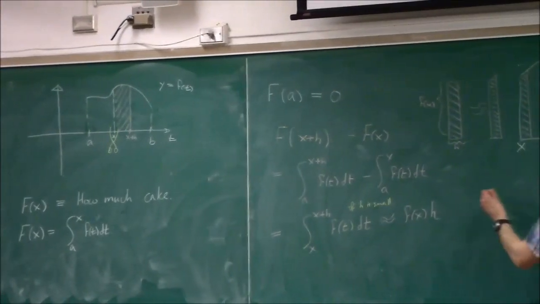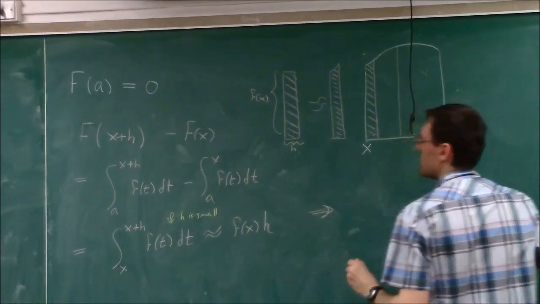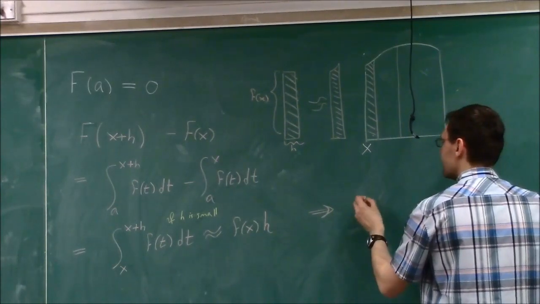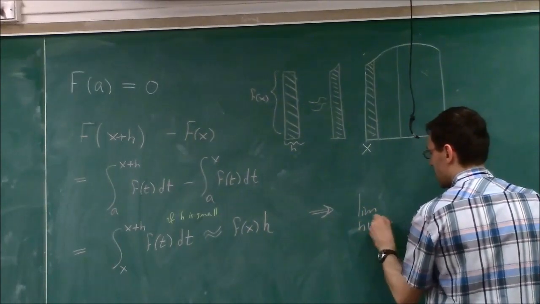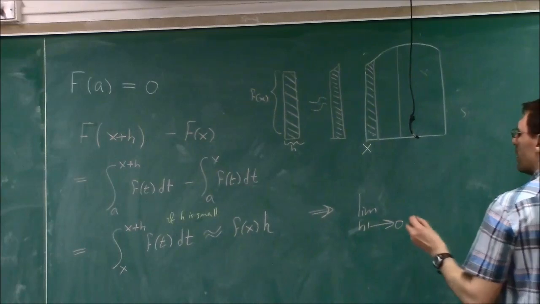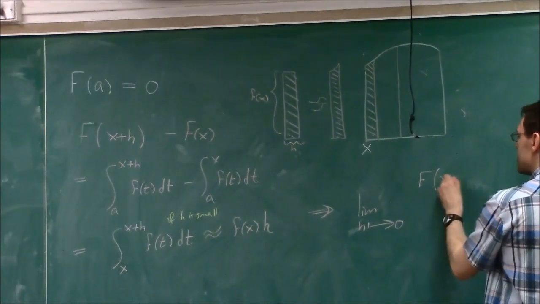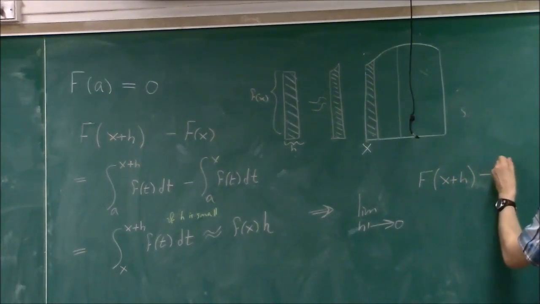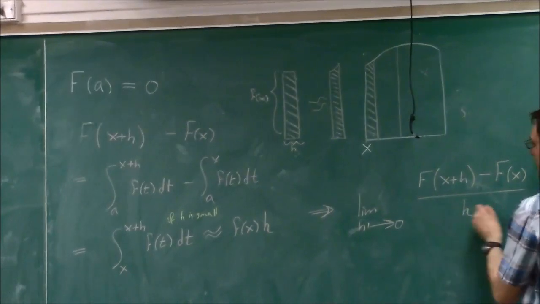So as a consequence, what we have is the limit as h goes to 0 of f of x plus h minus f of x, divided by h.